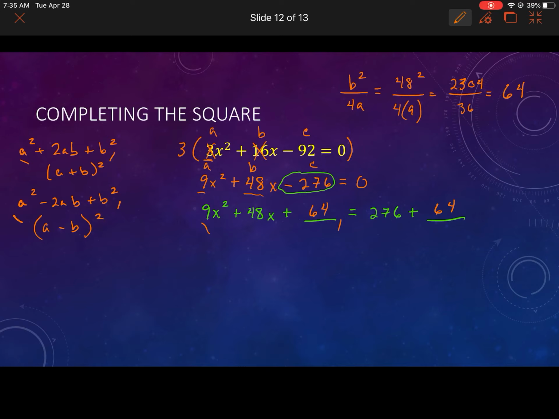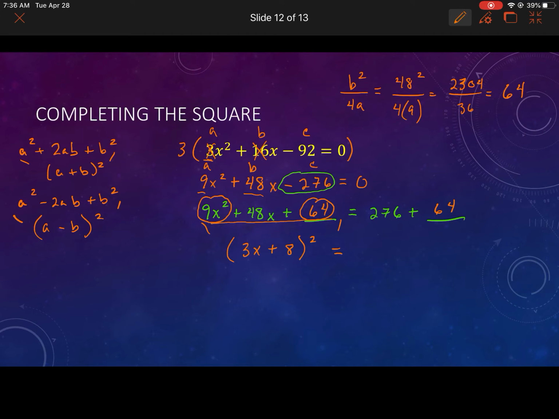So this one, 9x squared plus 48x plus 64, is going to factor down to 3x plus 8 squared. Again, you could factor this the long way, but save yourself some time and start to recognize the pattern. If you just take the square root of the first term, 3x times 3x is 9x squared, and 8 times 8 is 64, it's going to factor down to 3x plus 8 squared.